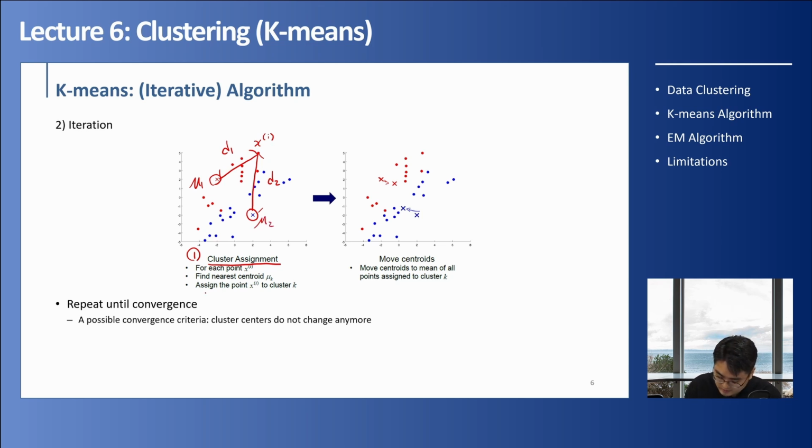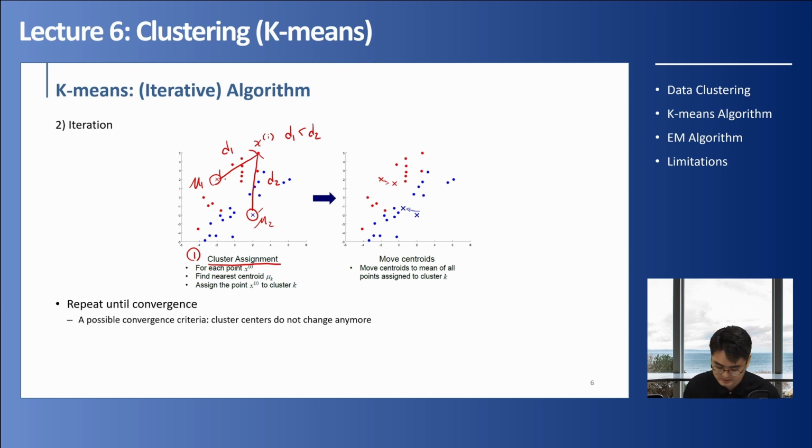So we calculated the distance between xi and mu1 and between xi and mu2. Based on that, we can see, for example, that D2 is larger than D1. Therefore, xi is closer to the first cluster center.